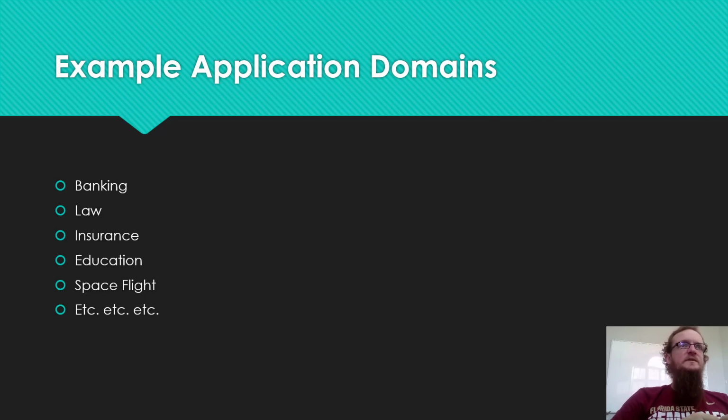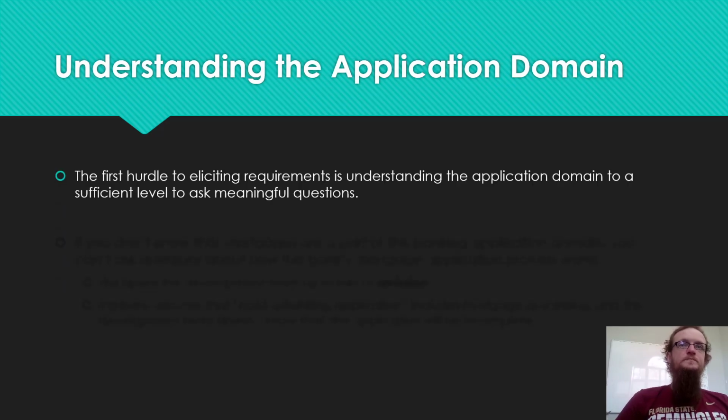You could have banks that are really geared toward investing, and so on and so forth. As you talk to one client, the best thing that you can do is think about the smallest application domain possible for that client, so that you're not trying to understand a whole bunch of different stuff that doesn't necessarily relate to the project that you're actually trying to do.